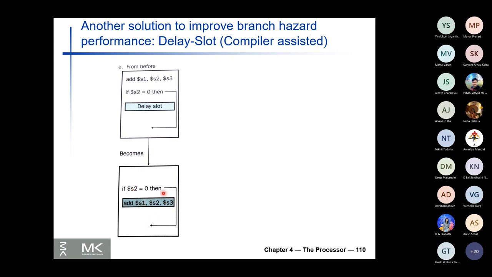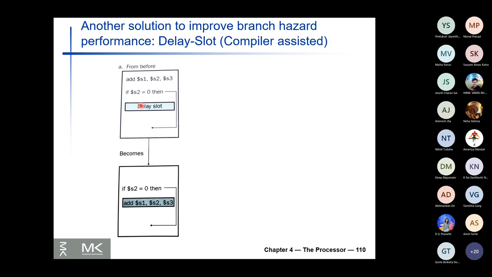Therefore, by the time this decision is being taken, whether the branch will be taken or not taken, during that time, this independent instruction enters the pipeline and can be executed. So the stall which you need to give in case the branch is taken can be reused by some other instruction. So overall, there will be no stall. That is the idea of reshuffling the code.